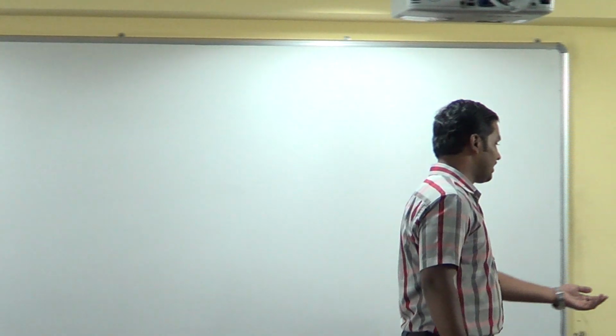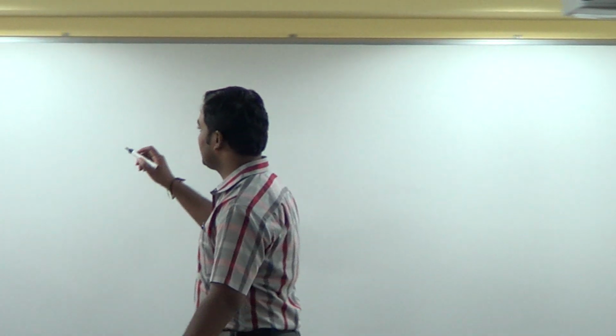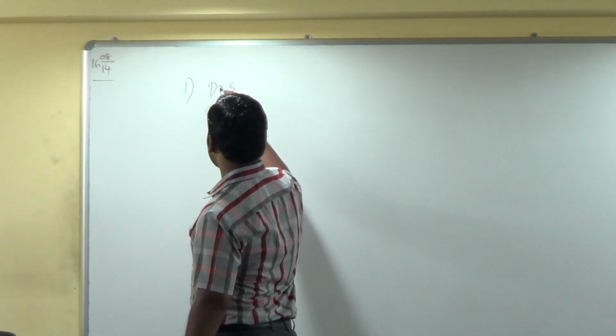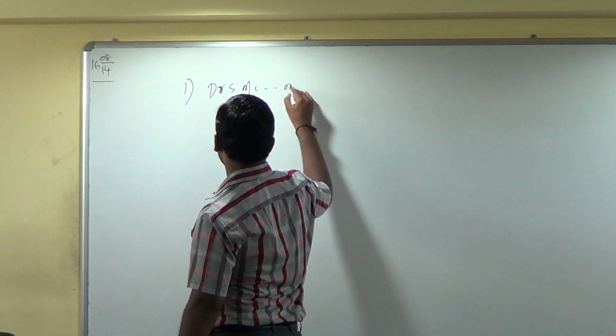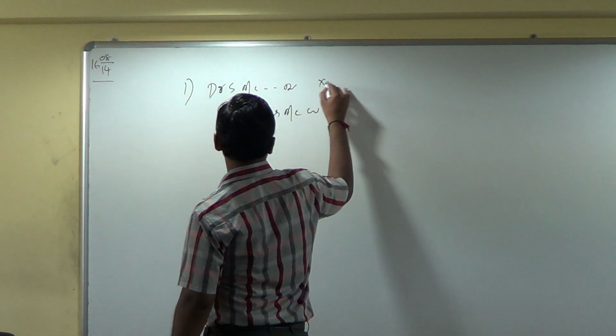Debtor account, debtor to sales account. When goods are sold on credit, we pass the entry debtors account debit to sales account credit.